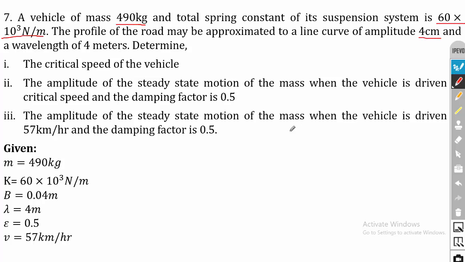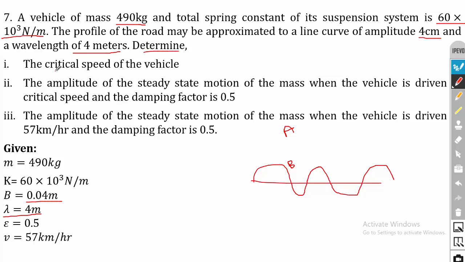So the amplitude of the road surface is given, and we know that the amplitude of the road surface is B when the vehicle amplitude is A. It is given in centimeter, I have converted it into meter. So B is equal to 0.04 meter, and a wavelength of 4 meters. So lambda is equal to 4 meter.